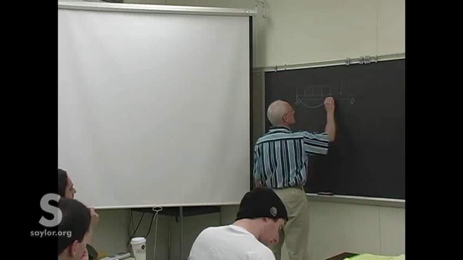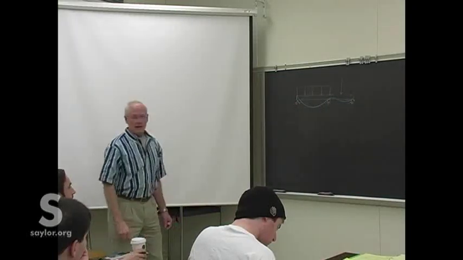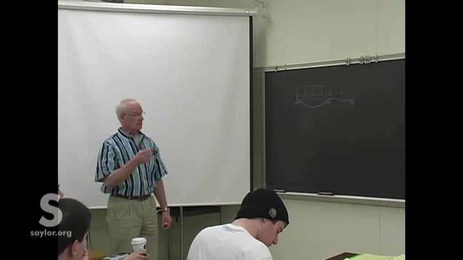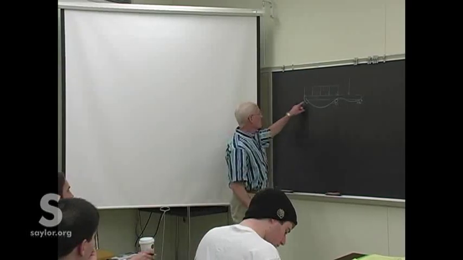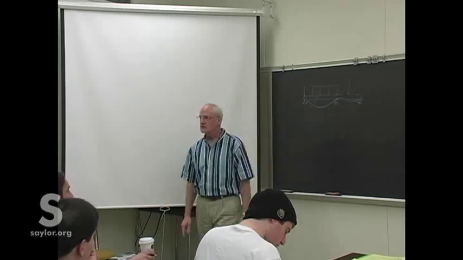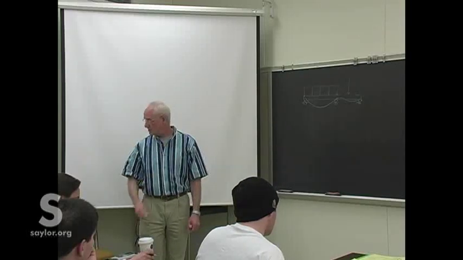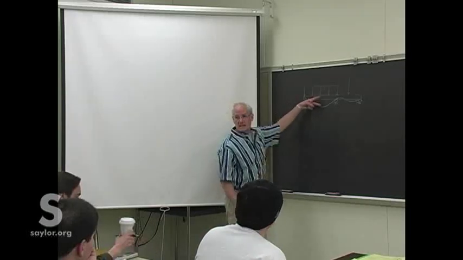You can come up with a basic idea of what it's going to do, and that's always a good idea. Look at the loading, look at the constraints on it, which for the most part are these supports, and see if you can get an eyeball picture of what the beam would look like if greatly exaggerated in its bending.